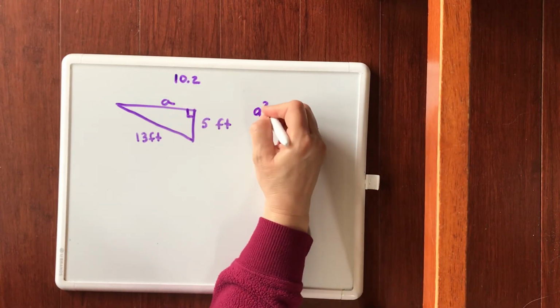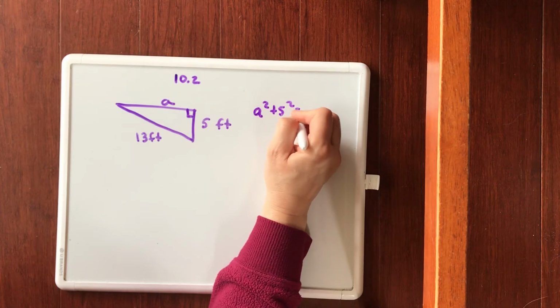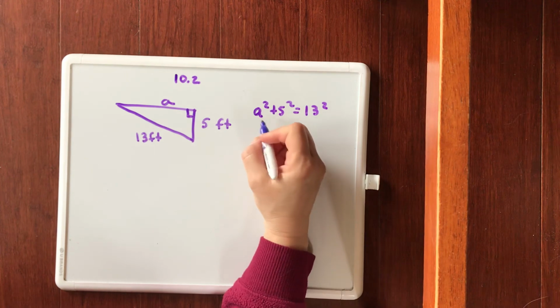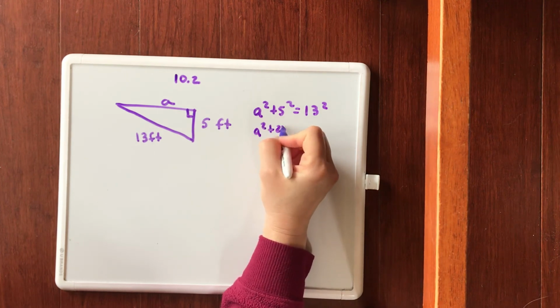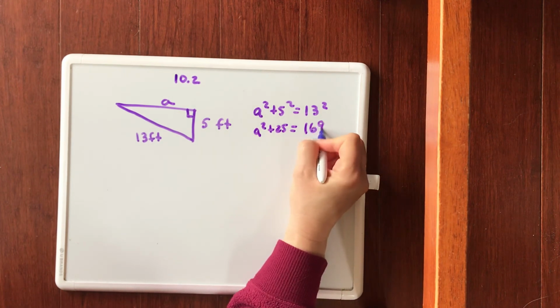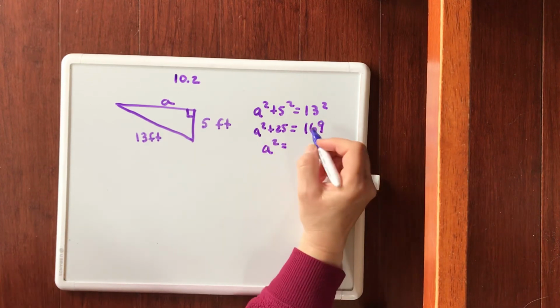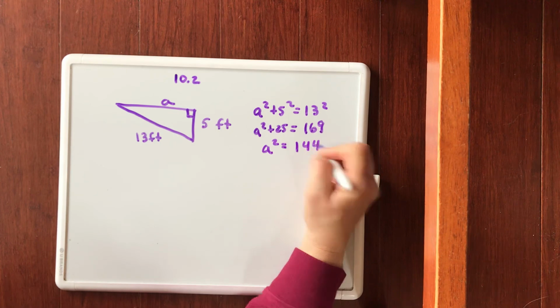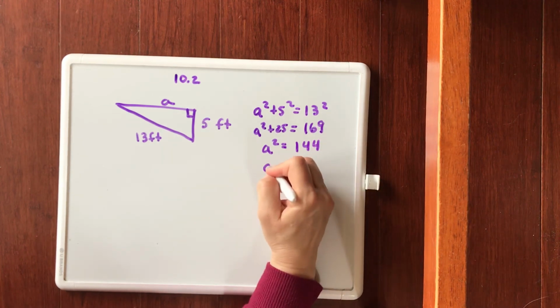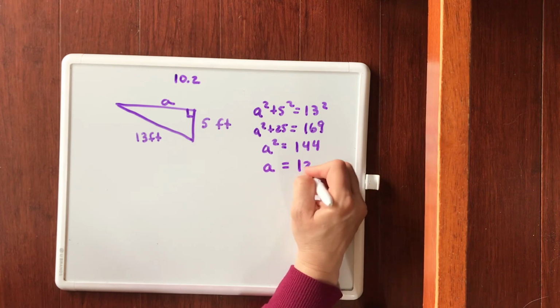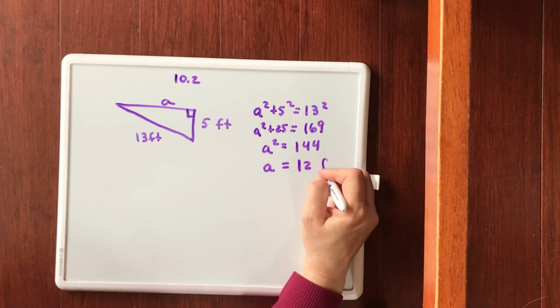So we have A squared plus 5 squared equals 13 squared. A squared plus 25 equals 169. We subtract 25 from both sides, and we get 144. Square root both sides, just looking at the positive number. Square root of 144 is 12. So A is 12 feet.